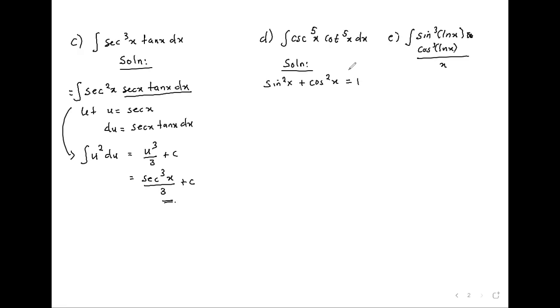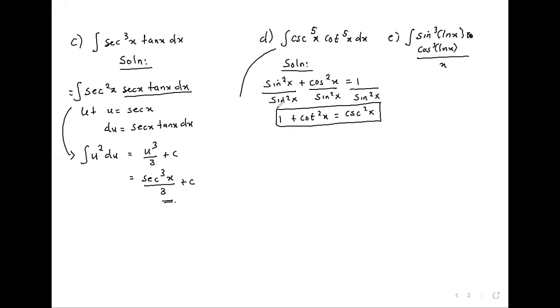If we divide by sine squared x, we'll get 1 plus cot squared x is equal to cosec squared x. So I want to use this identity there.